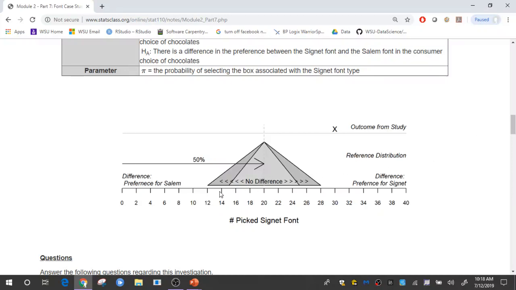If we're far away from 20 on the upper side, that's going to suggest that we do have a difference, and there's a preference for the Signet font on this end. Or we could be on the lower end as well. So this is going to be a two-tailed analysis, because that would suggest that there's a difference and a preference towards the Salem font. The study outcome here is 30.